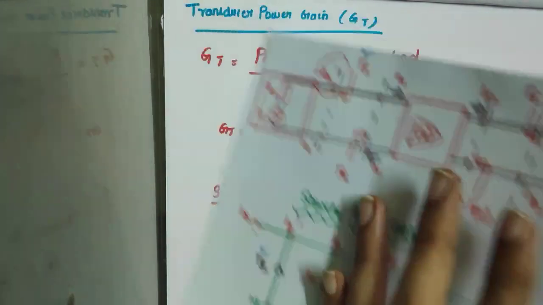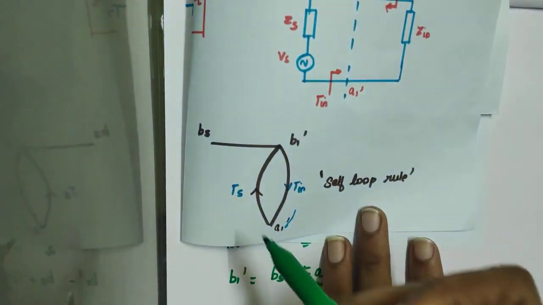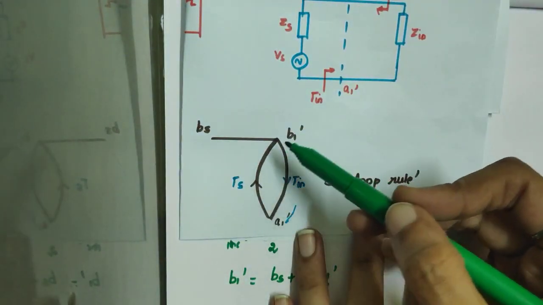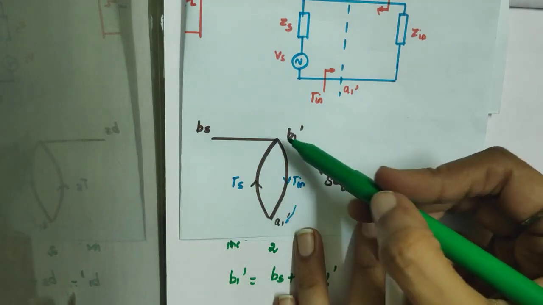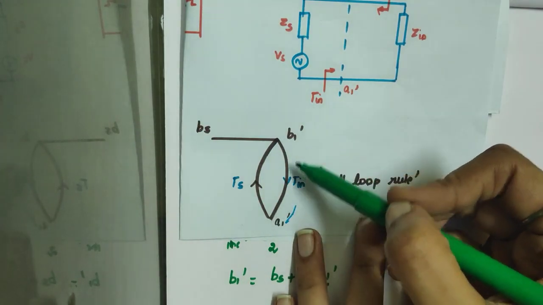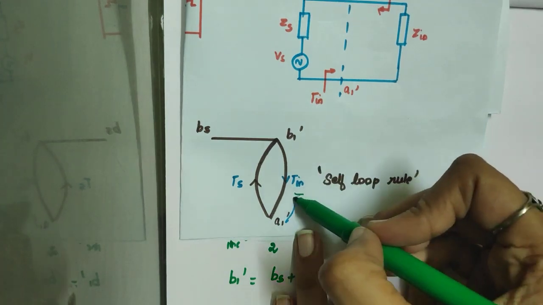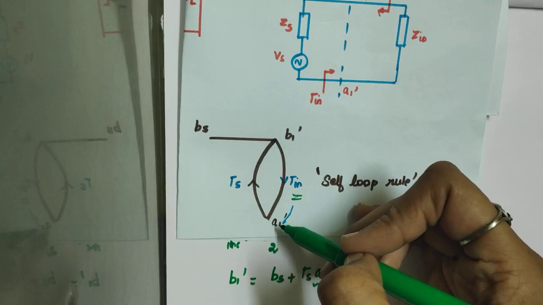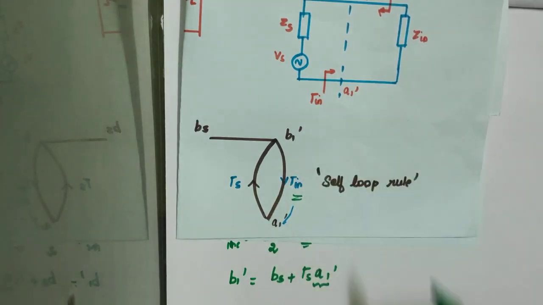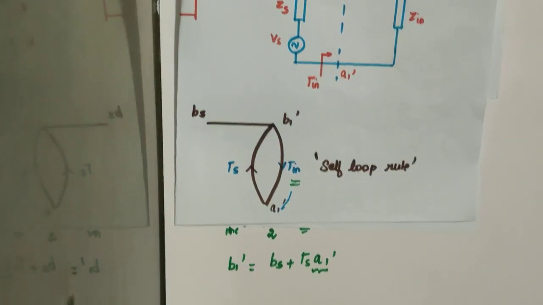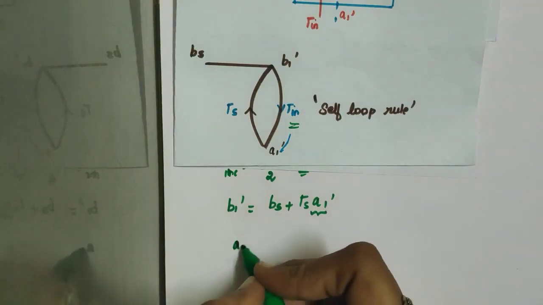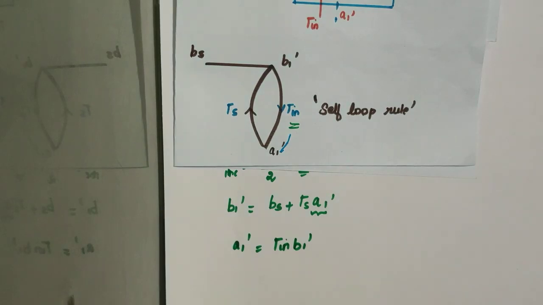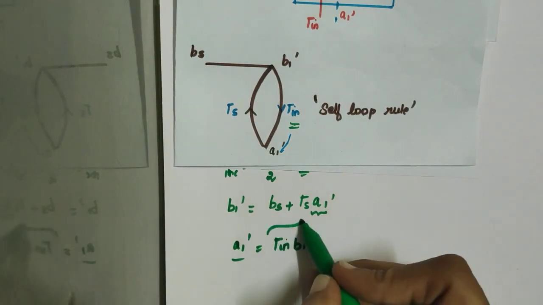I can draw the self loop as: we have Bs from the source, we have B1 dash, we named this as tau s in the block diagram, and the feedback path from B1 dash to A1 dash we name tau in. Now from this, A1 dash will be tau in into B1 dash. So A1 dash is equal to tau in into B1 dash. Now substitute this A1 dash here.